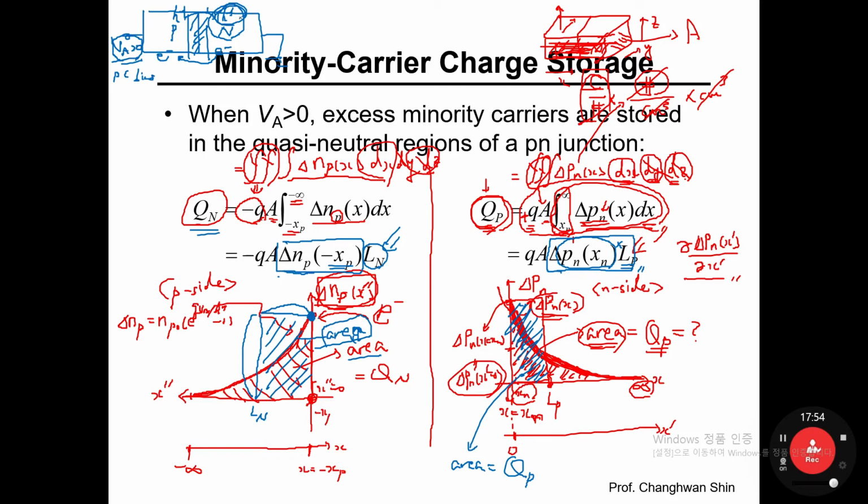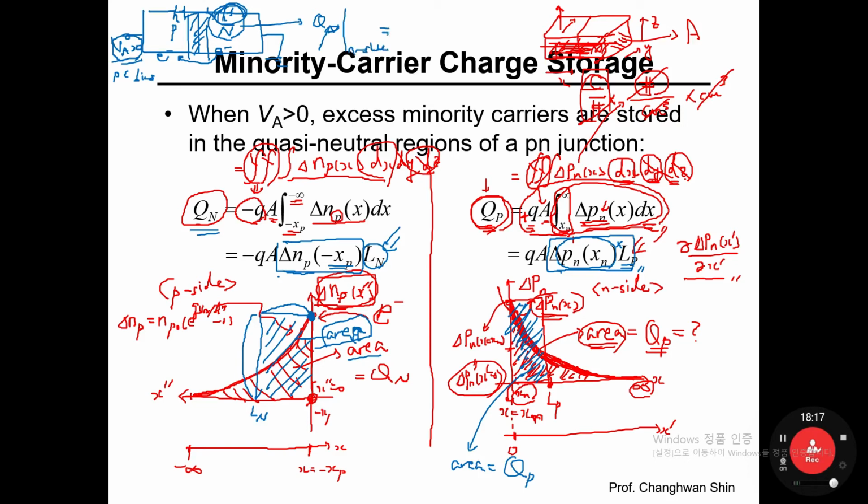So a certain amount of holes are kept, well, stored inside the quasi-neutral region. So the question is how much total charge can be stored inside by holes.